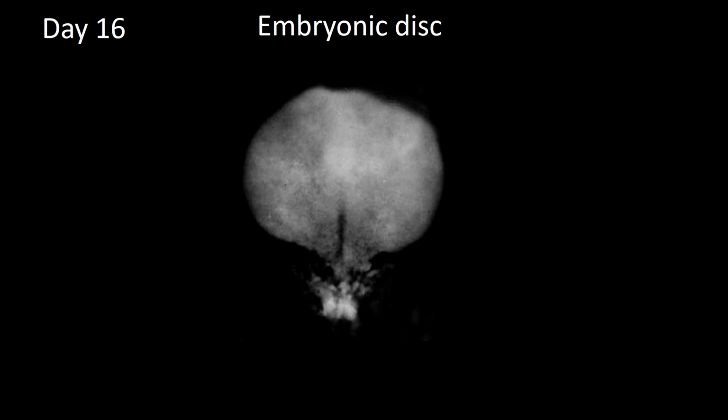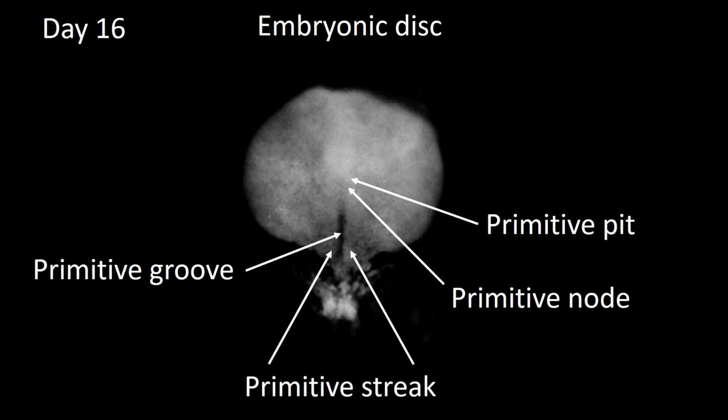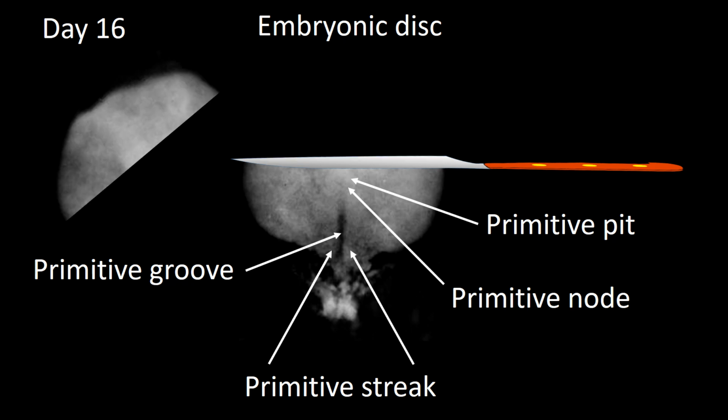In this disc, I will point out 4 structures: the primitive groove, flanked by the primitive streak, the primitive node, and the primitive pit. A cut at the level shown just above the primitive pit, followed by separating the cut piece as represented here, and by twisting the cut section so we are able to see the inner region of the disc.